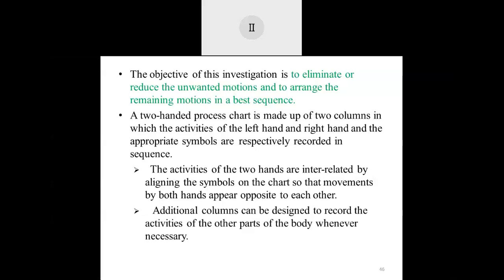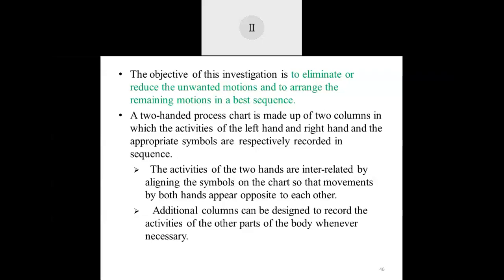It may cause some error in the workpiece or equipment, or it may also act as a risk for the operator. Suppose due to unwanted movement the hand is touching the machine. If there is some rotary part of that machine and your hand touches it, then your hand may get damaged. So with this process chart we can eliminate or reduce those unwanted movements.